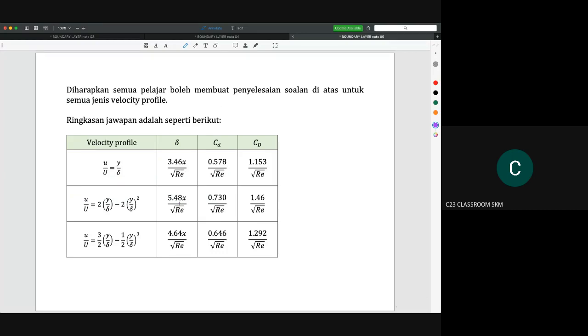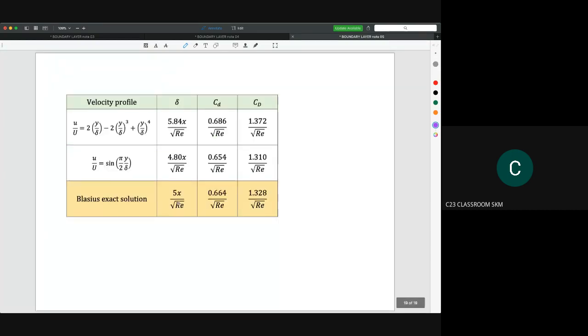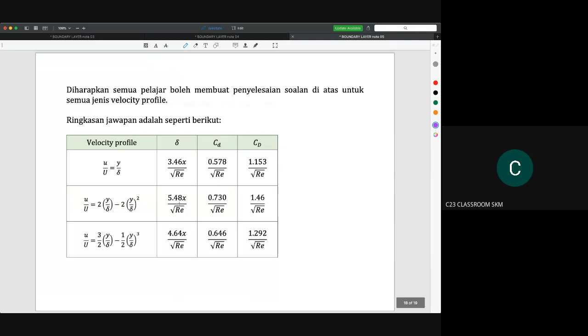I hope you can do this again at home and make sure you get this result, the value of delta like this and the value of the drag coefficient.